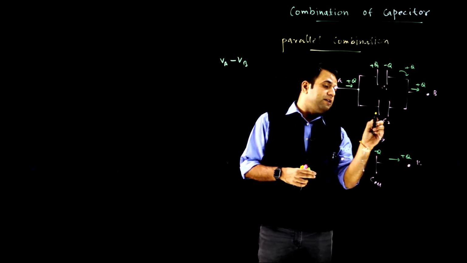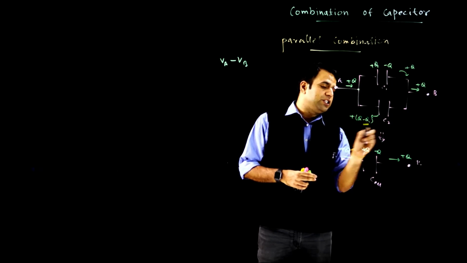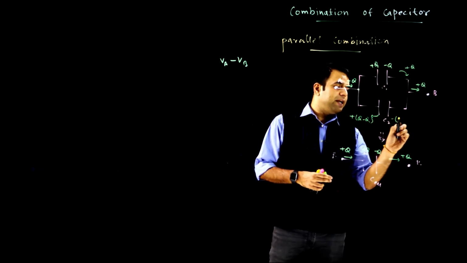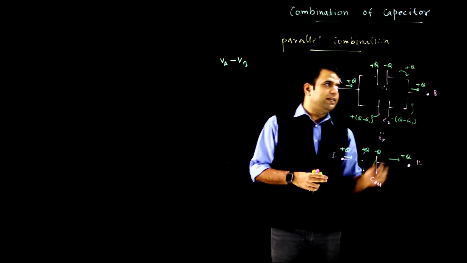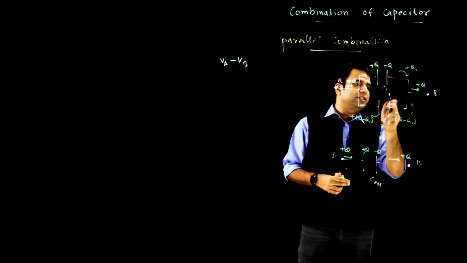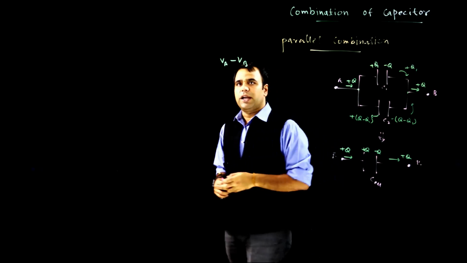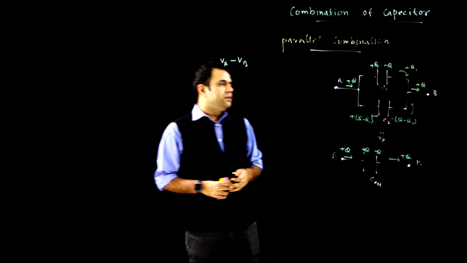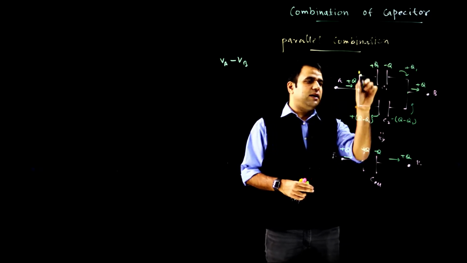So onto this side, plus of Q minus Q1 charge will be there, and here we'll have minus of Q minus Q1, and this charge will move on to this side. If you add these two charges, ultimately the plus Q will move to the B point.